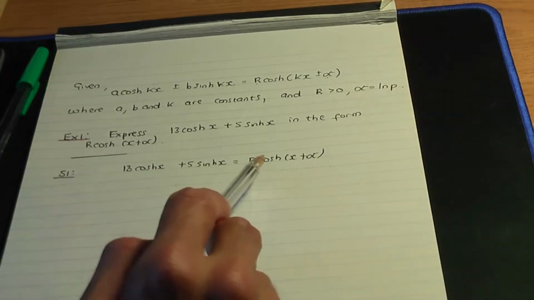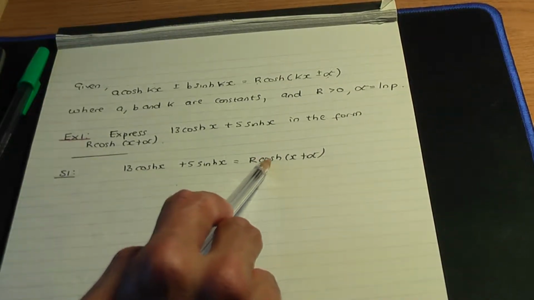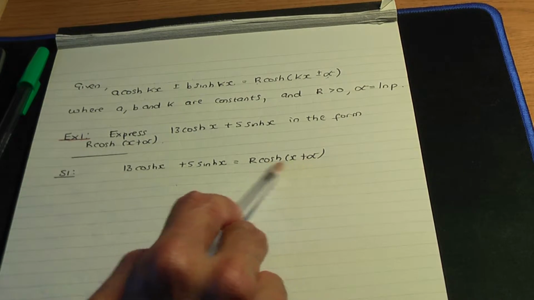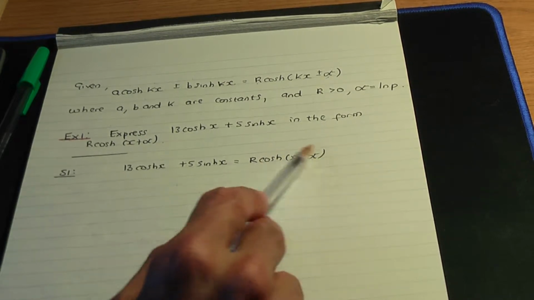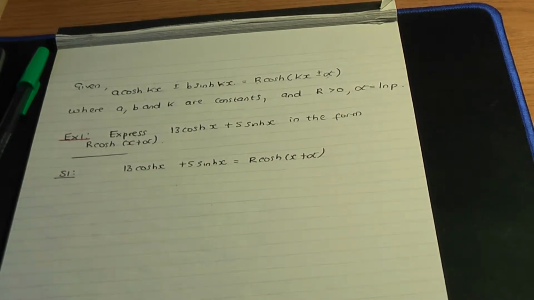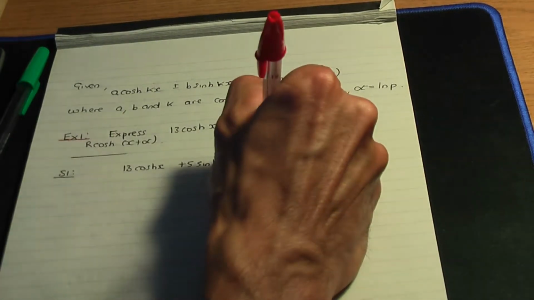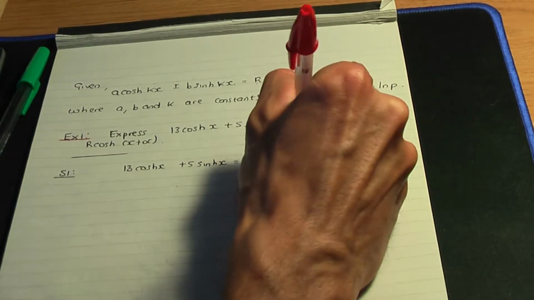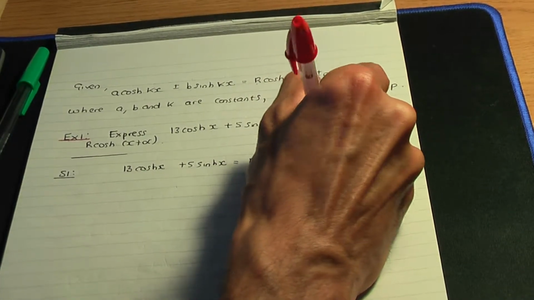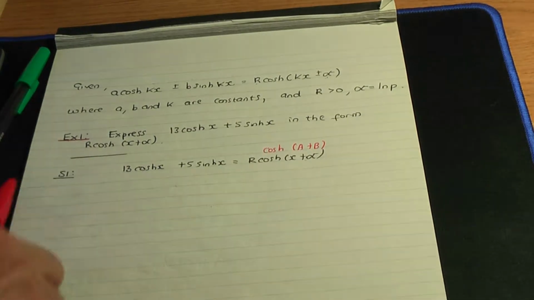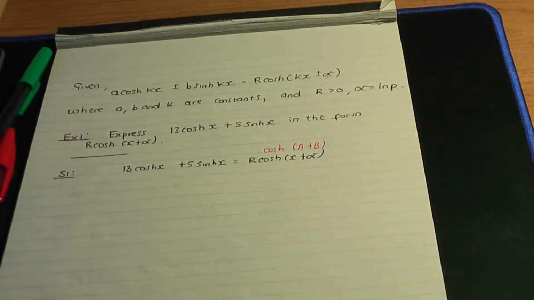Okay, so now we need to use the identity hyperbolic cos a plus b in order to rewrite that term, hyperbolic cos x plus alpha. Okay, so let's do that. So let me use a red pen. So we're going to use the identity hyperbolic cos a plus b to rewrite hyperbolic cos x plus alpha.